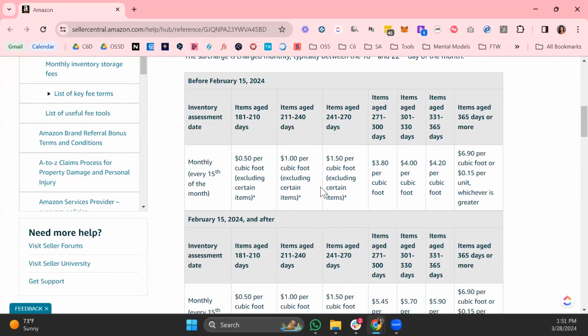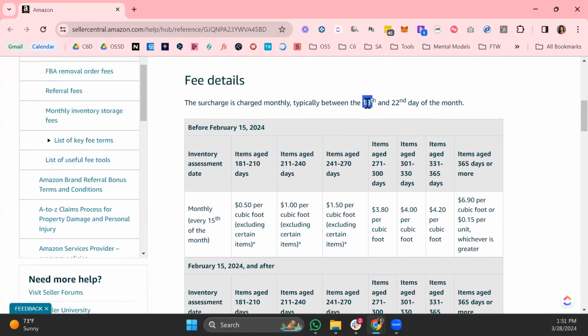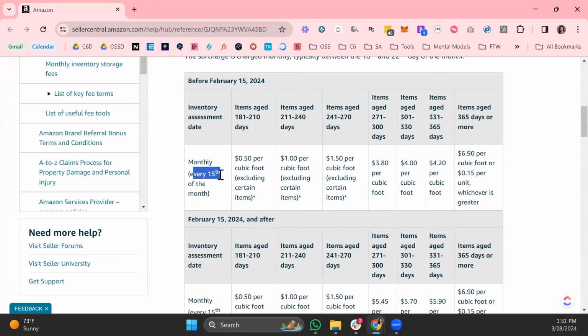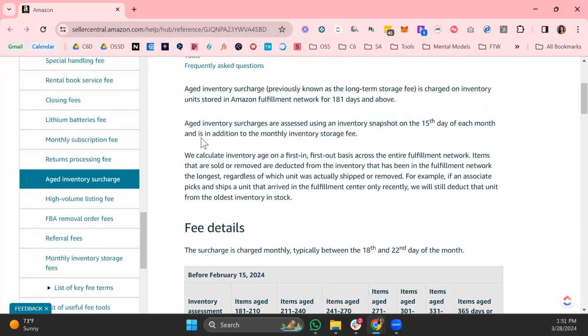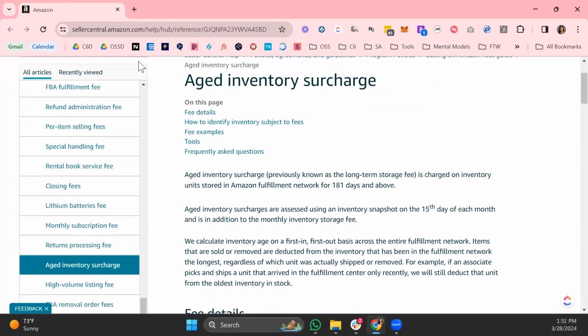And that's what you see in your report. And as you see here, these are when the charges will happen. Between these dates is when they charge you, but they assess it on the 15th. So for those of you with questions, if you want to know more, just go to the aged inventory surcharge policy in your Seller Central.